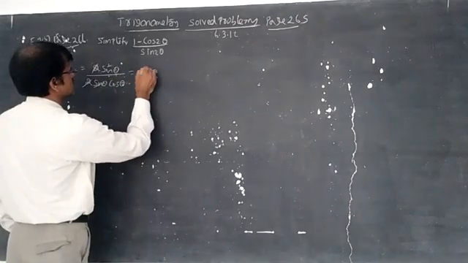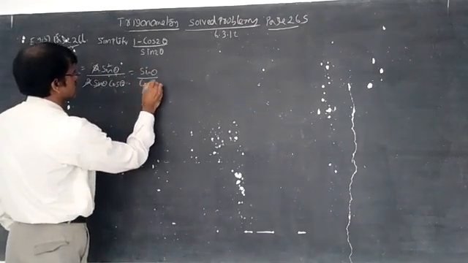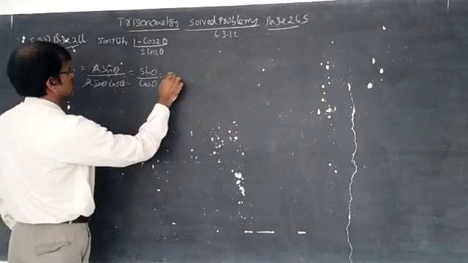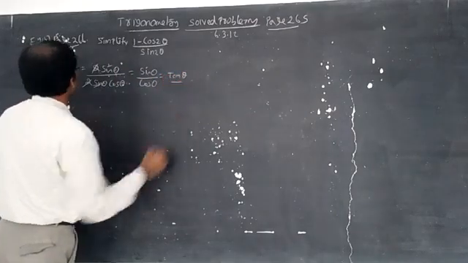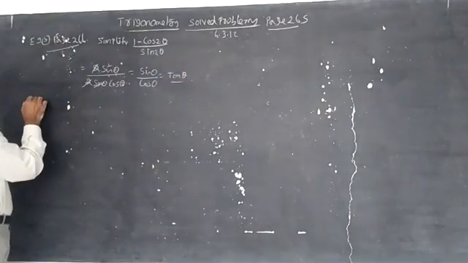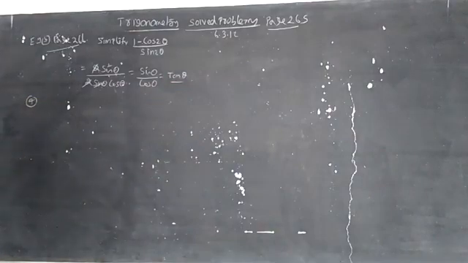So it is sin theta by cos theta, which is tan theta. That's all. Tan theta is the simplified value.